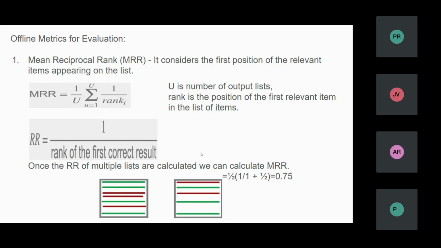The reciprocal rank for the first list on the left is 1, and for the second list, you can see that the relevant item appears in the second position, so it will be 1 by 2. By doing the calculations for MRR, we can see that we are getting 0.75.